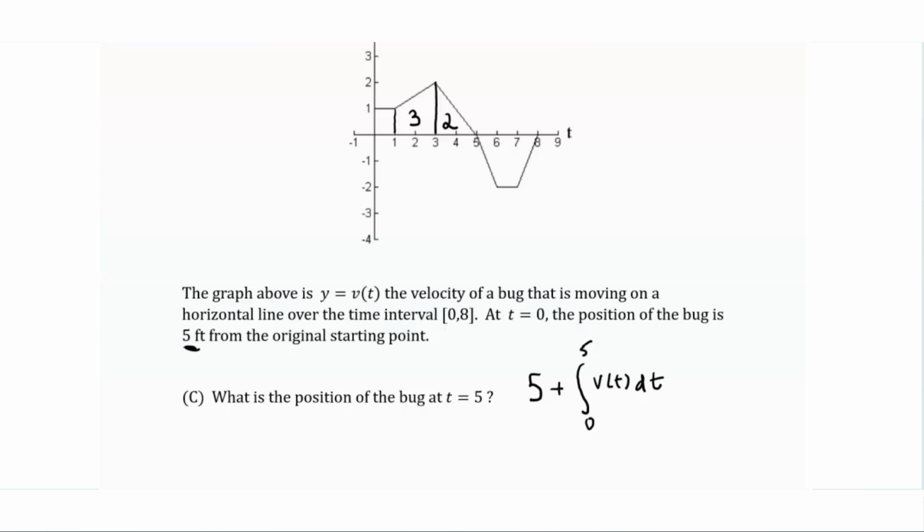I left the areas written up above in the graph, so we just have to include, since we're starting at 0, the area of the rectangle here, which is 1 times 1. So that accumulation there would be 6. That means the bug would be at 5 plus 6, so at position 11.